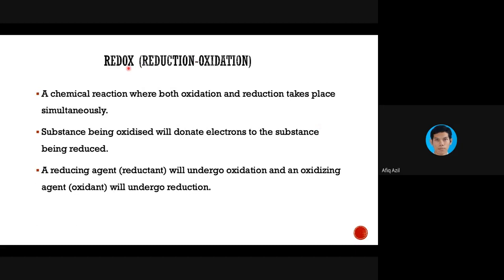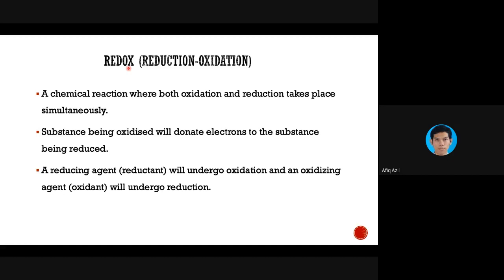So introduction, we will look into what is redox. I think this one is already covered in stoichiometry back in your first semester in your general chemistry. So redox basically is the acronym of reduction oxidation.